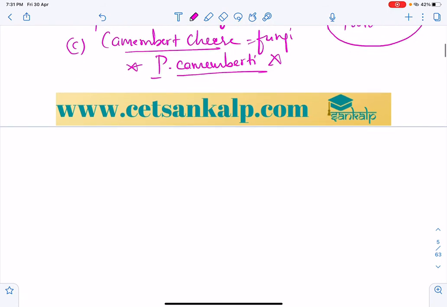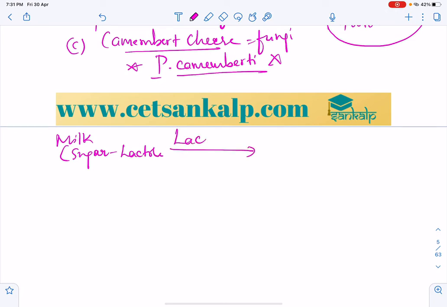Here note that when milk is treated, the milk sugar lactose, in the presence of Lactobacillus, is converted into lactic acid. This is a general thing to keep in mind.